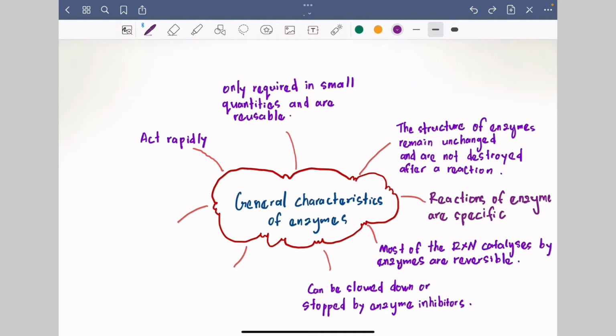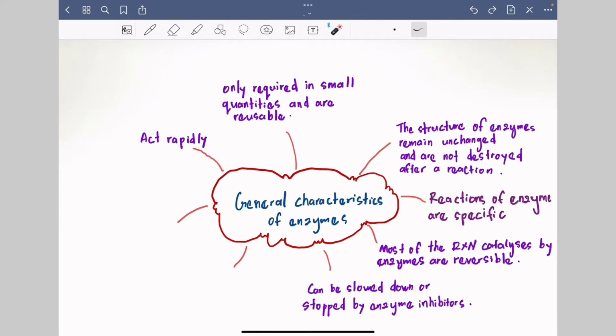Most of the reactions catalyzed by enzymes are reversible, meaning that if we already break down the substrate into its products, we can go back from the products to the substrate by using another procedure. And then the reaction can be slowed down or stopped by enzyme inhibitors.